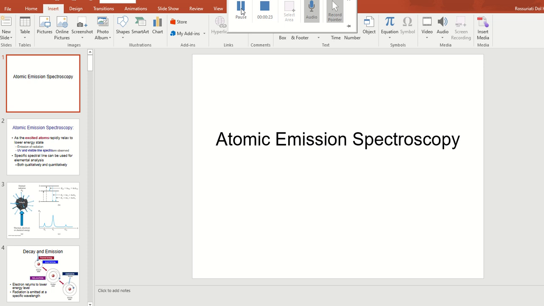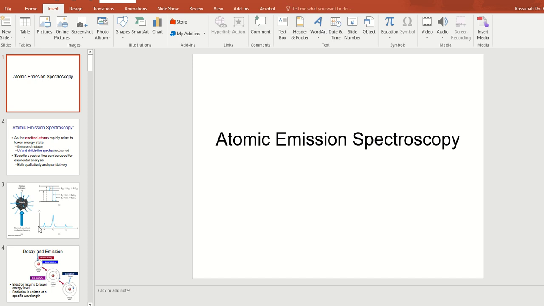When we talk about atomic emission spectroscopy, this is a technique that can be used either to determine the amount of the target analyte in a sample, for quantitative purposes, or it can also be used for qualitative analysis.